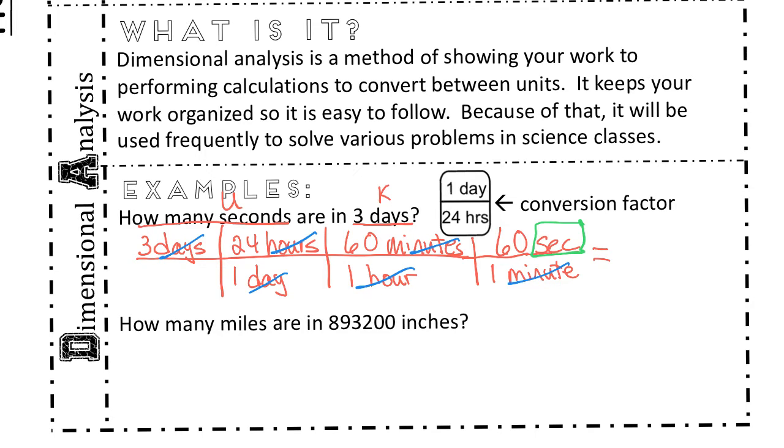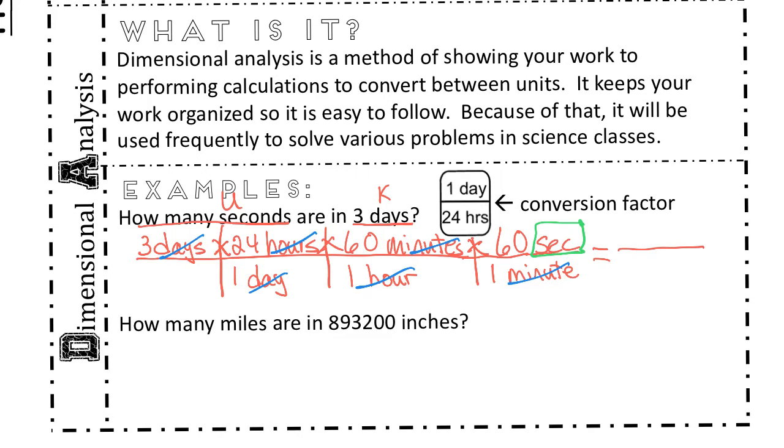Now, with our Casio calculators, it's really nice because I can enter all the numbers that are on the top of these fractions and multiply them together, and then enter the numbers that are in the bottom of the fraction, and it'll multiply them together. So basically, these are individual fractions, and I'm just multiplying them all together. So in order to do that, you multiply all the numbers on the top together. So it's 3 times 24 times 60 times 60.